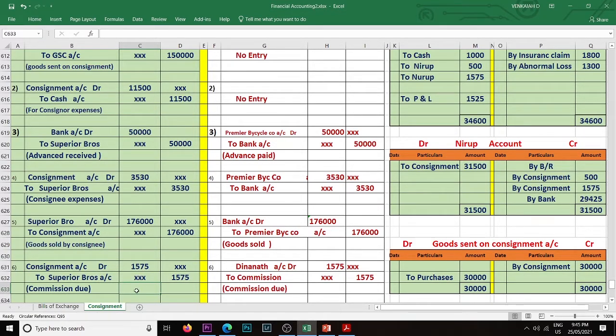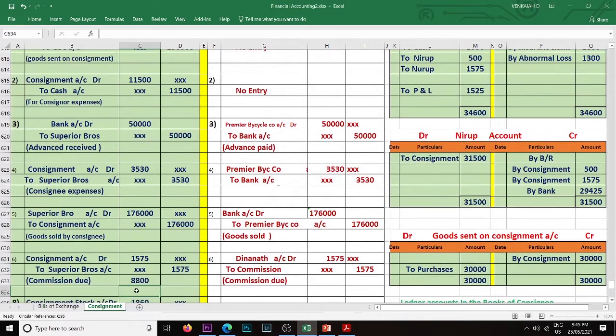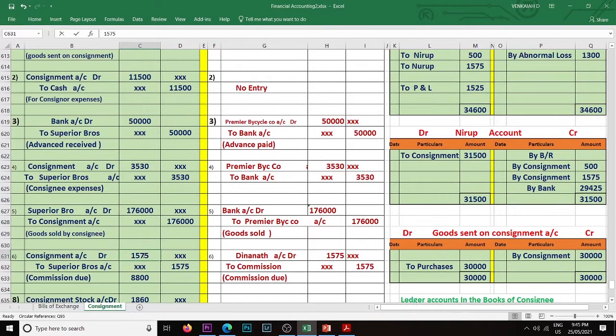Amount is 1 lakh. Already calculated, I think 1,76,000 into 5%, which is 0.05. That gives 8,008.